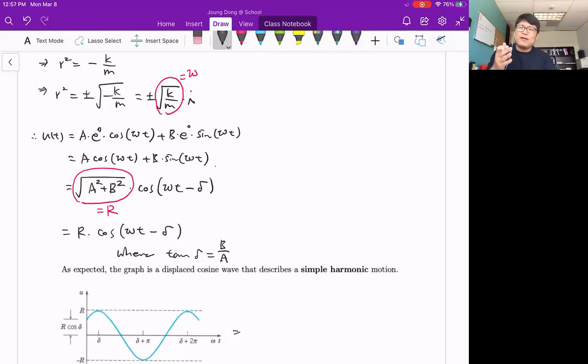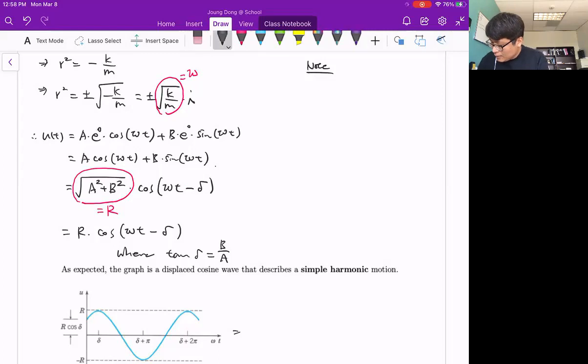It is kind of like, do you remember one of the trig function identities? Do you remember cosine of x minus y? Let me show it to you. Just as a simple comparison, let me write it.